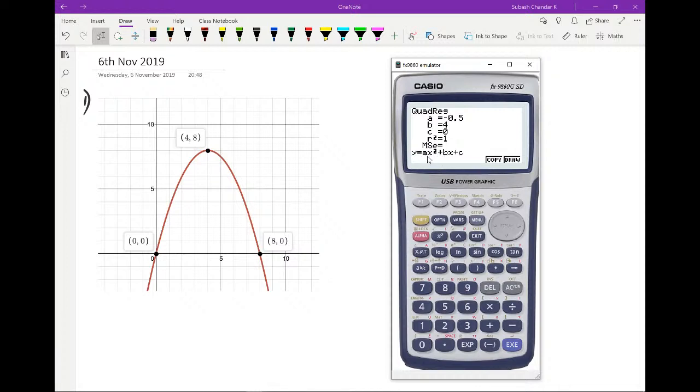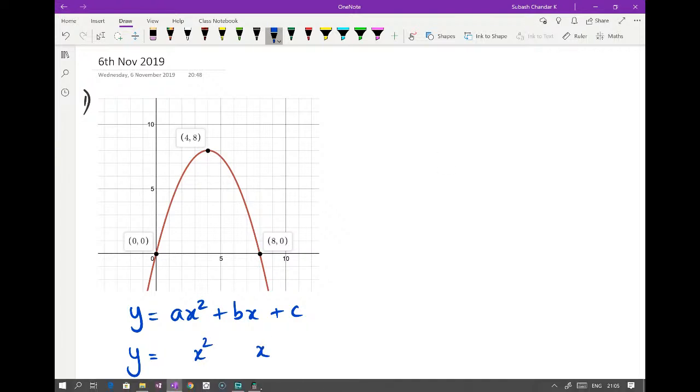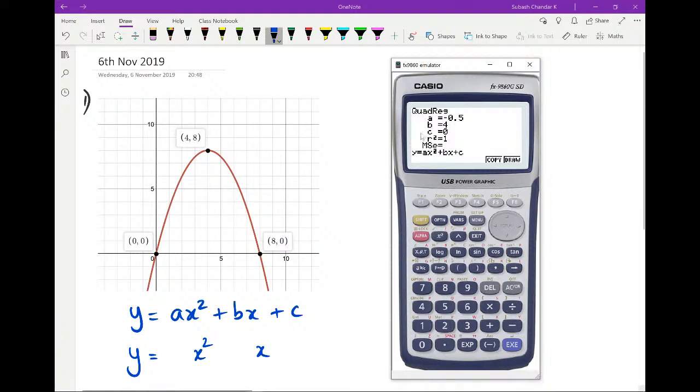What I usually tell people is the first thing to do is copy down the formula that's right here, which is y equals ax squared plus bx plus c. I'm going to copy that down. In the very next line, I'm going to write down x squared, x, just like that, and replace a with negative 0.5, b with 4, and c with 0.